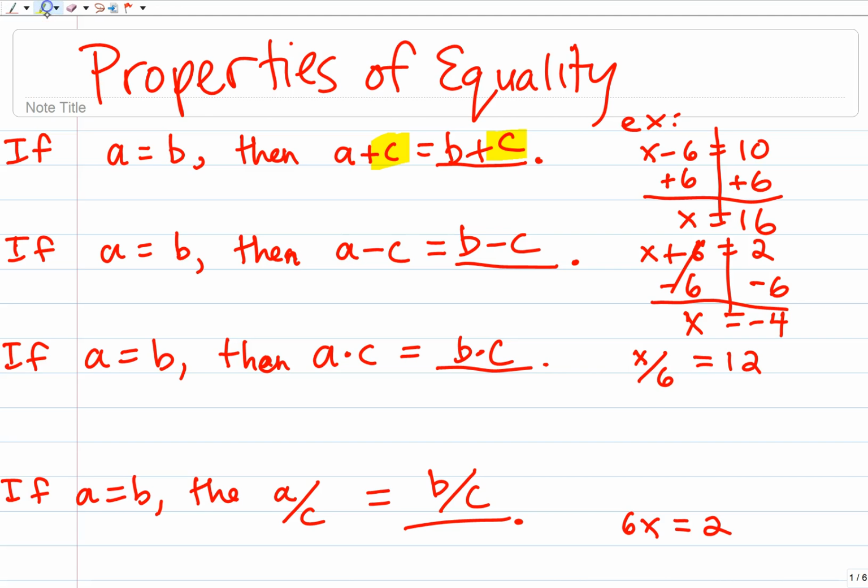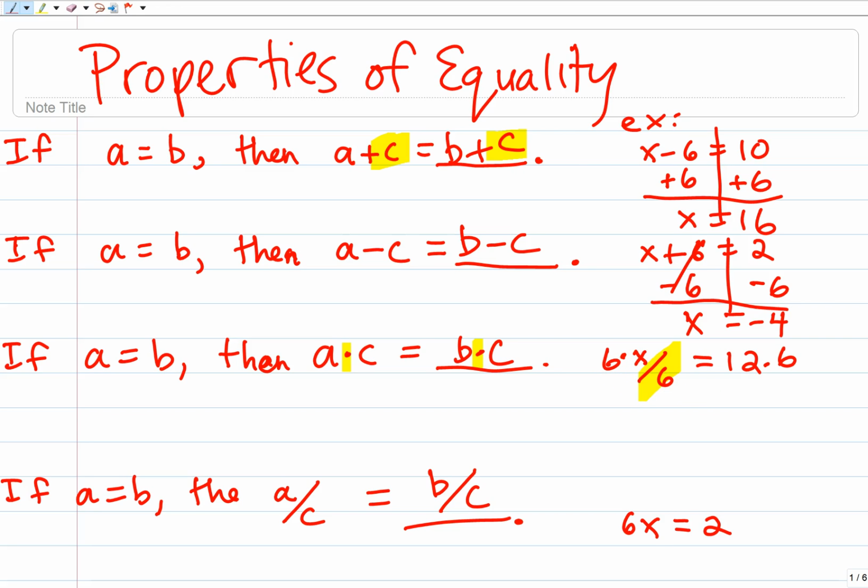Since x is being divided, we will use multiplication to cancel that out. So since we have x divided by 6, what would I do to both sides of the equation? Multiply by 6. There you go. Now I have a 6 on the top of the fraction, a 6 on the bottom of the fraction.